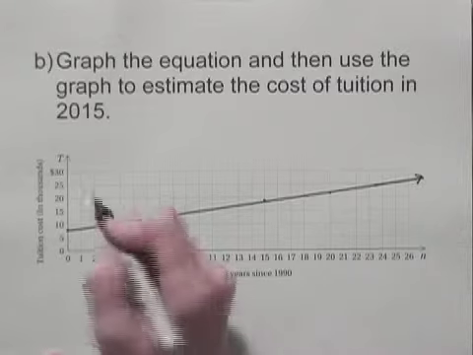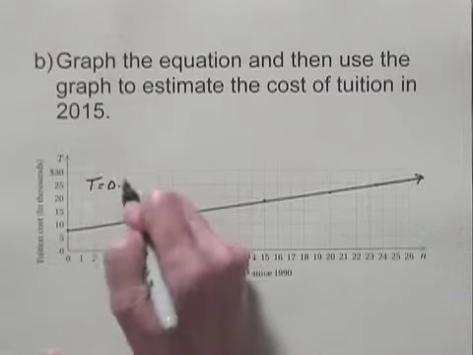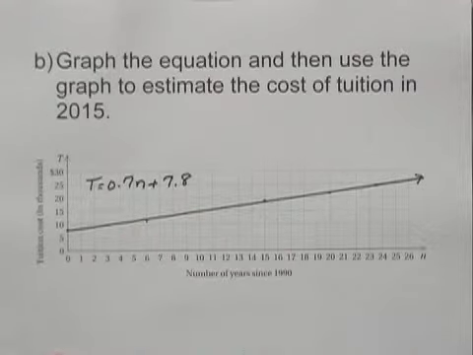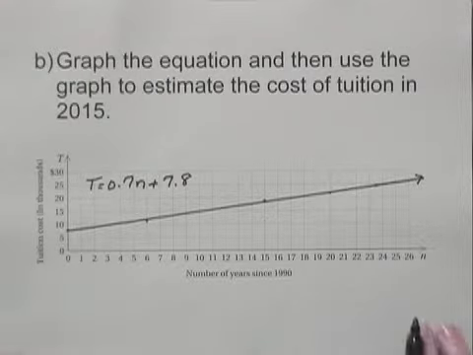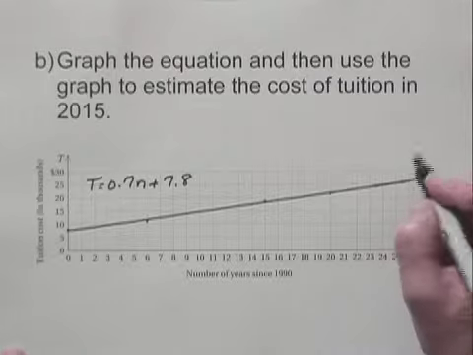And this is the graph of the equation T equals 0.7n plus 7.8. And we're asked to estimate the cost of tuition in the year 2015. Now remember, n is the number of years after 1990, so 2015 is 25 years after 1990. So we'll locate 25 on the horizontal axis and go up to the graph.